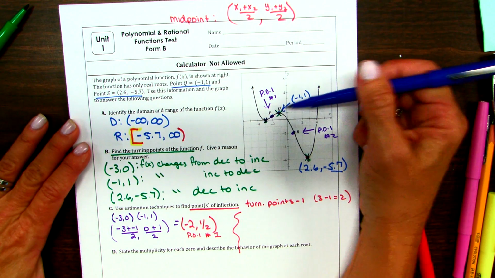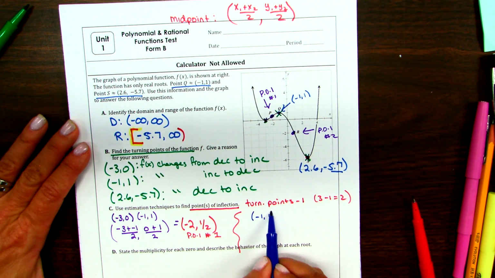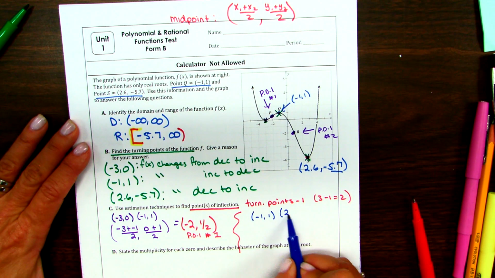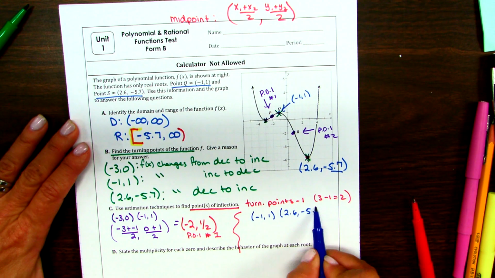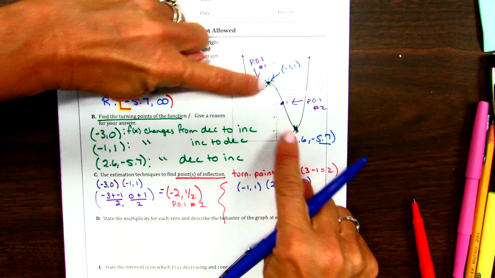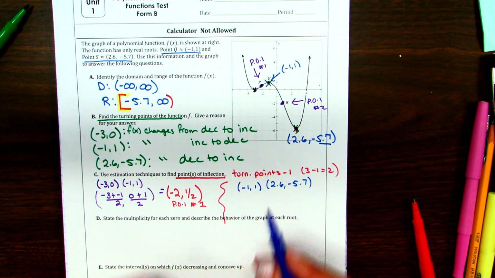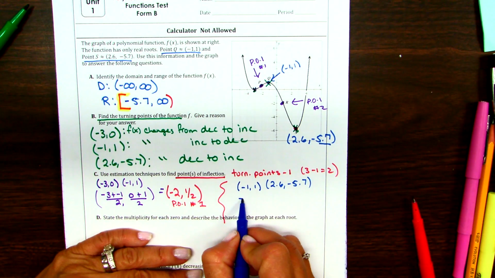POI number 2 would be between these two. So it's negative 1, 1, and 2.6, negative 5.7. So let me set it up and then I'll explain something.